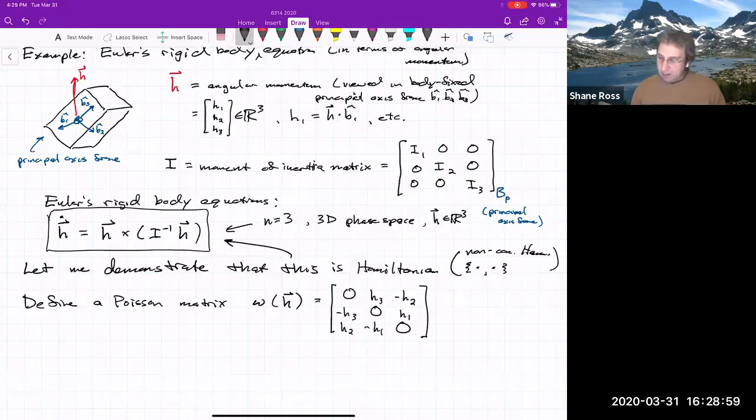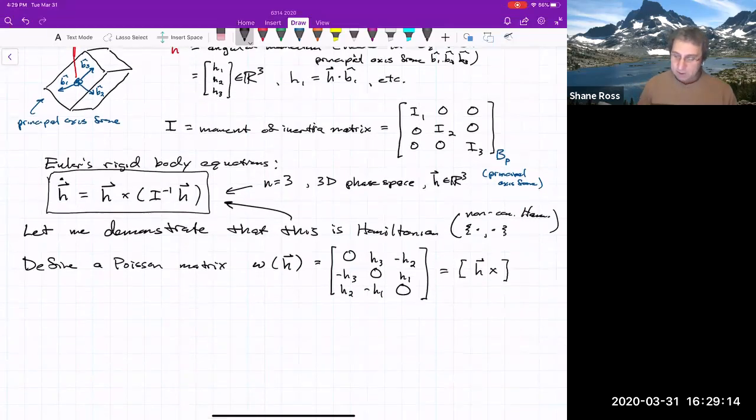This might look familiar: this is what we wrote when writing the cross product as a matrix. So this is the cross product matrix for H. But right now, just think of it as some random matrix I chose that hopefully has the right properties. So we've defined a Poisson matrix.